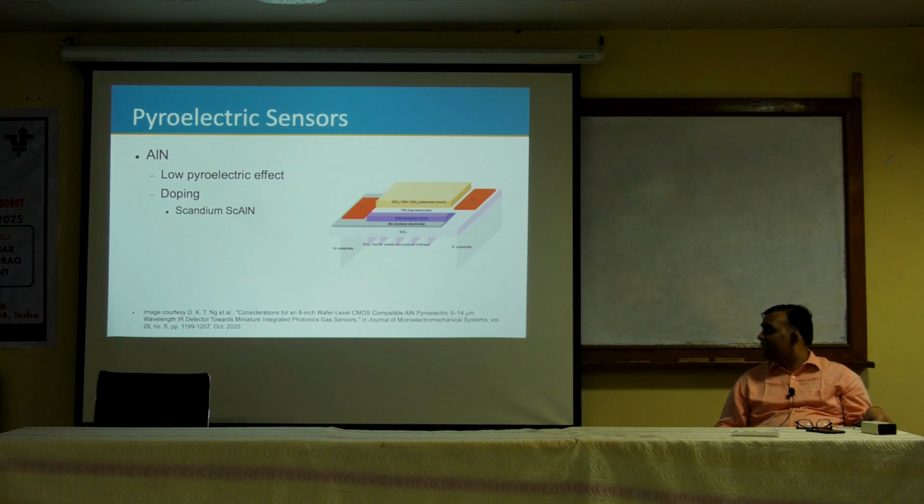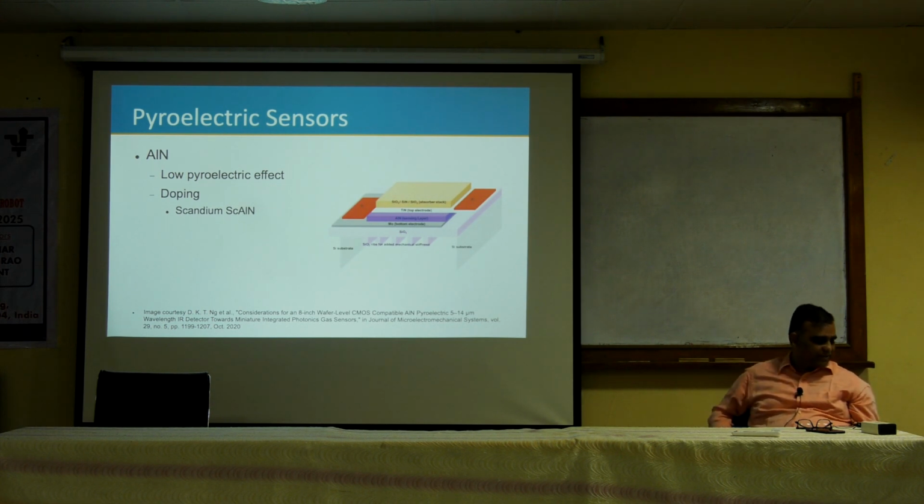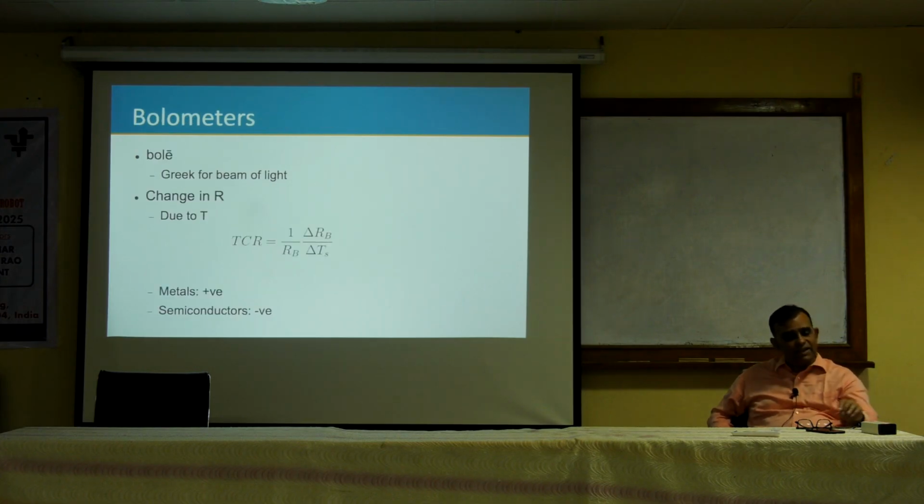Doping it with scandium, making it scandium aluminum nitride, has been a fairly decent success, and people have tried making structures like this, with titanium electrodes and a sensing layer in between. So, they are trying to make pyroelectric sensors of those kinds. The sensor which I believe has the most prominent use is bolometers, and that is the one which I will be covering in a bit more detail.